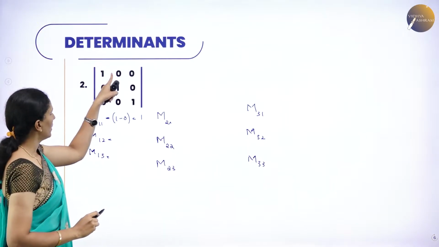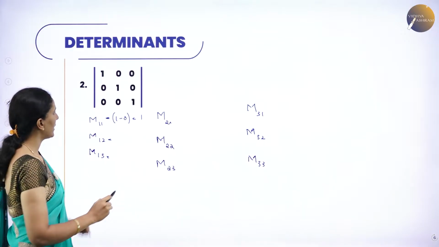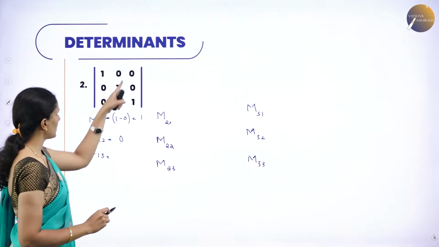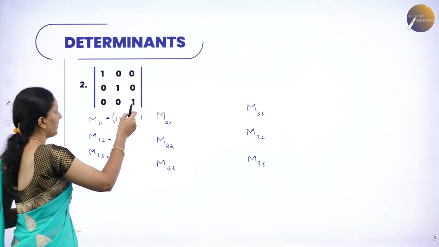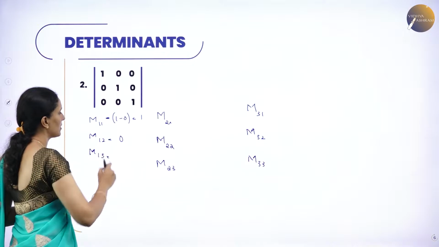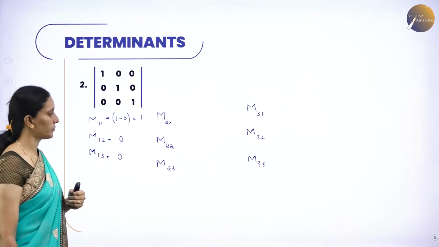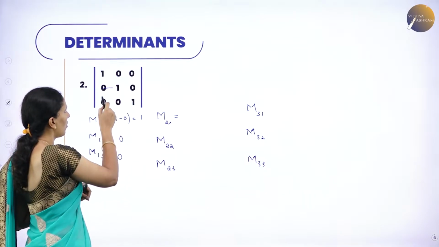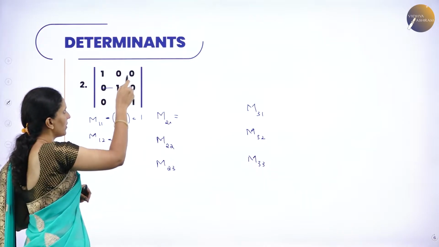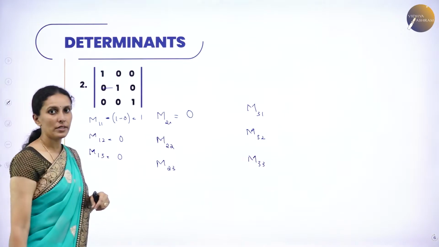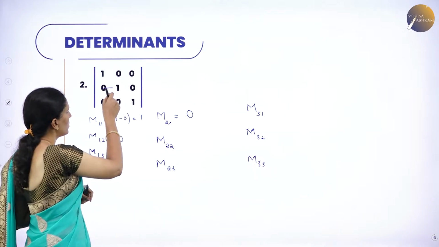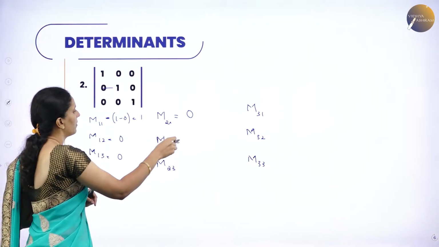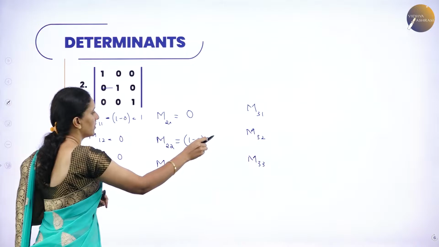Next for 0, delete the row and column containing this. So it is 0 minus 0, clearly 0. Next for 0, delete the row and column containing it. So 0 zeros are 0 minus 0, again it is 0. Next for M21, delete the row and the column containing 0. We have 0, 1, 0, 0. Again the determinant value is 0. Next we have 1. Delete the row and column containing 1. We have 1 ones are 1 minus 0, which is 1.